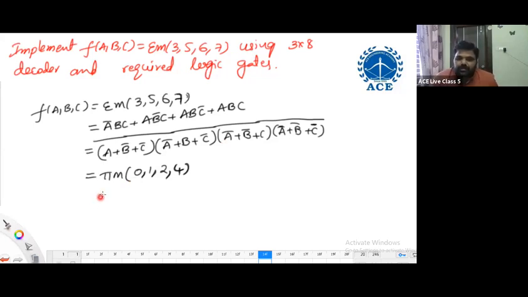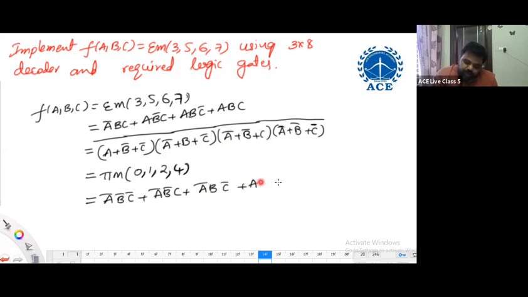Correct? Right. Then what can I write? A bar B bar C bar plus A bar B bar C plus A bar B C bar plus A B bar C bar, whole bar. No one is having any doubt.